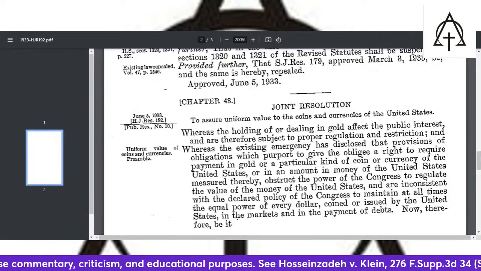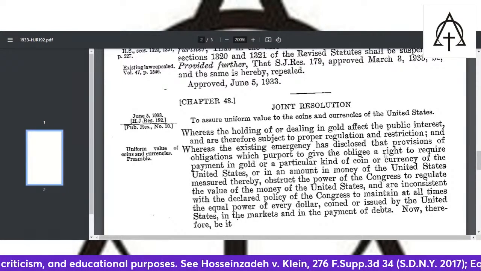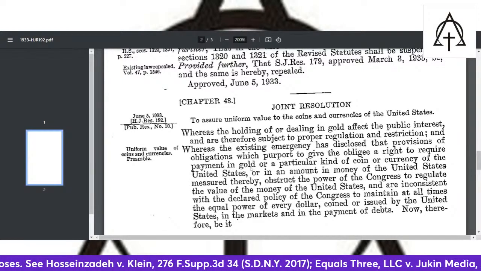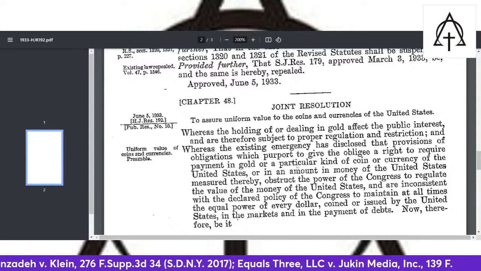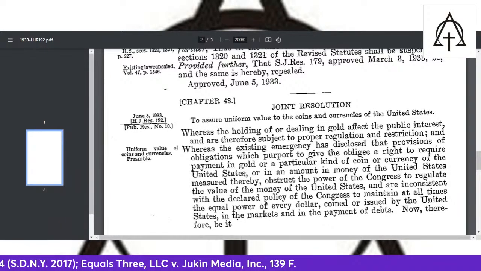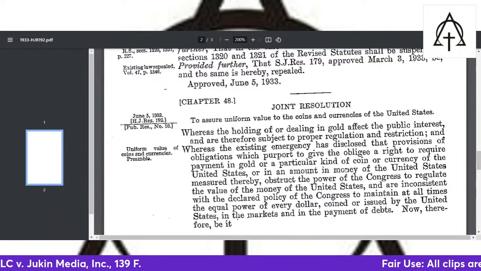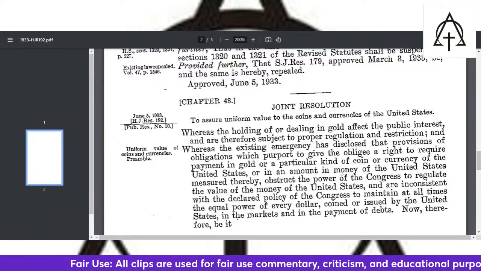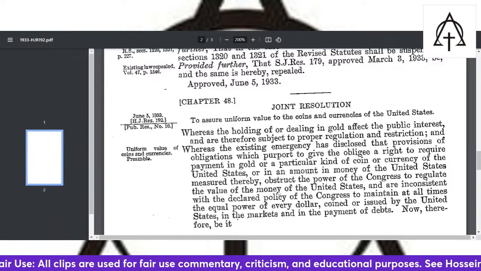So which purport to give the obligee a right to require payment in gold or a particular kind of coin or currency of the United States, or in an amount in money of the United States measured thereby, obstruct the power of the Congress to regulate the value of the money of the United States.